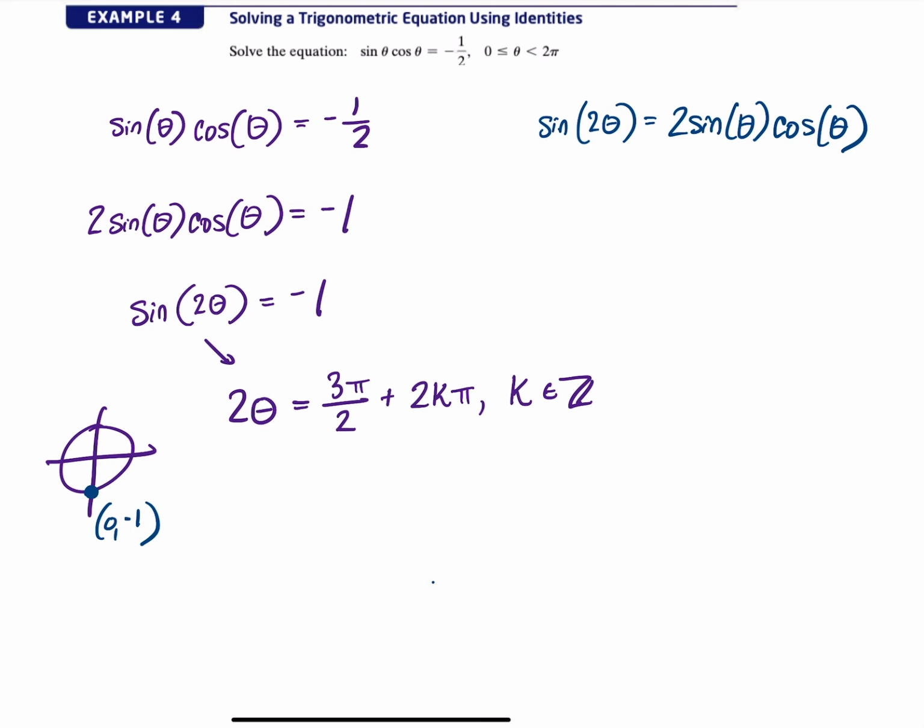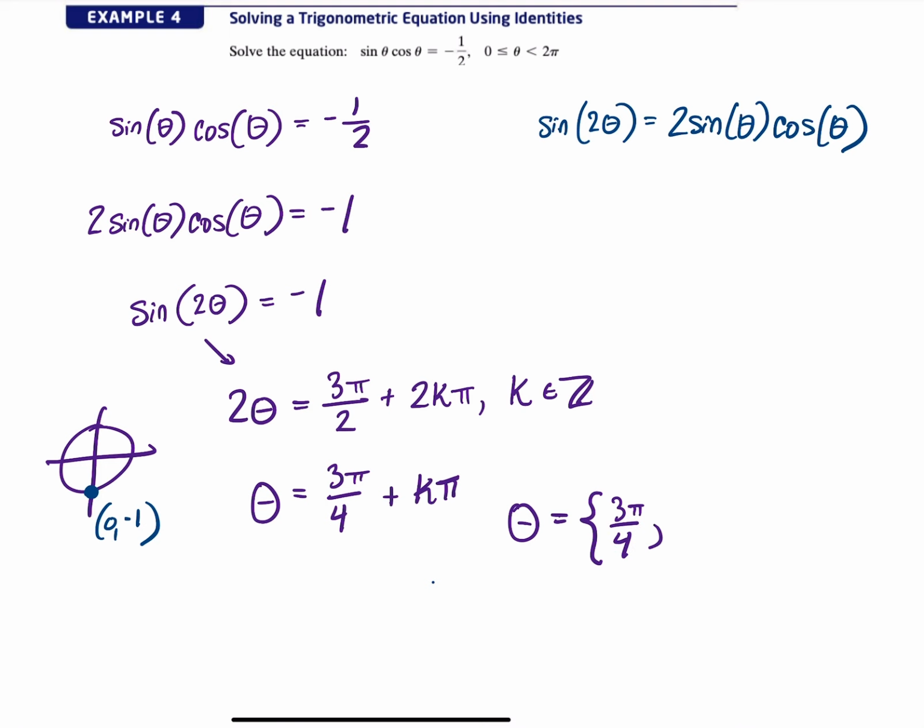Now we just need to solve for theta, so let's divide everything by 2. So theta will equal 3 pi over 4, and this term also gets divided by 2, plus k pi, so multiples of pi, again where k is any integer. So let's list all solutions between 0 and 2 pi. Theta must equal our starting angle of 3 pi over 4.